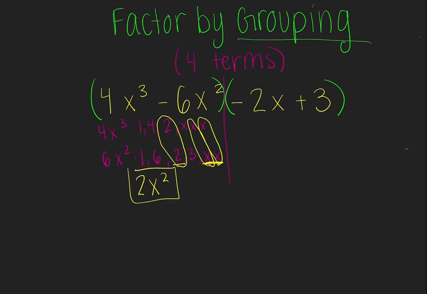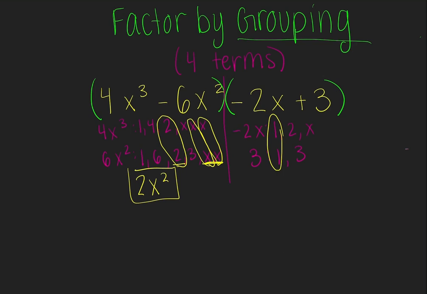Let's find the GCF between negative 2x and 3. My factors of 2 are 1 and 2 and 1x. I just like to ignore the negative sign when I find the GCF. We'll use it later. And my factors of 3 are 1 and 3. So my greatest common factor is just a 1.